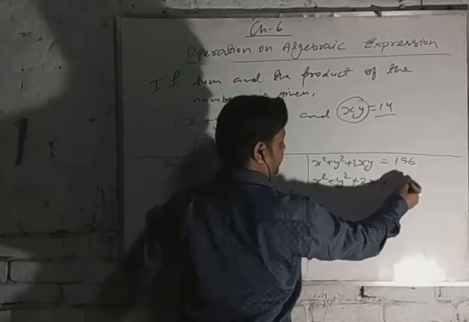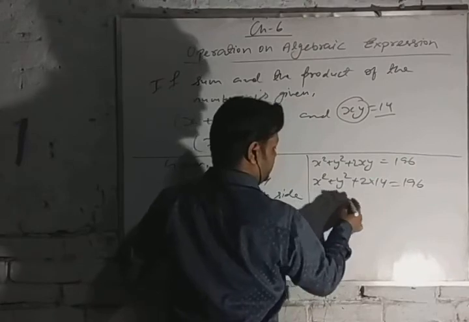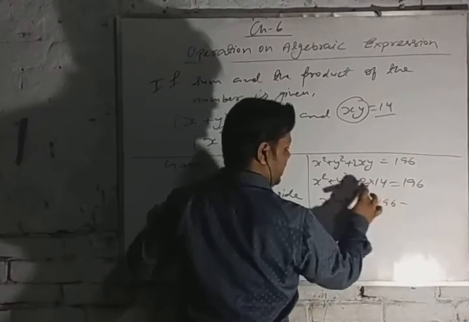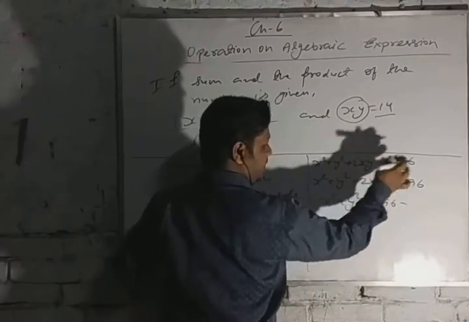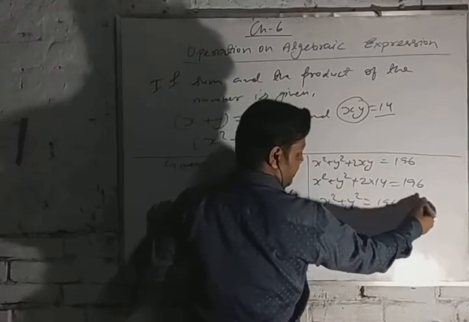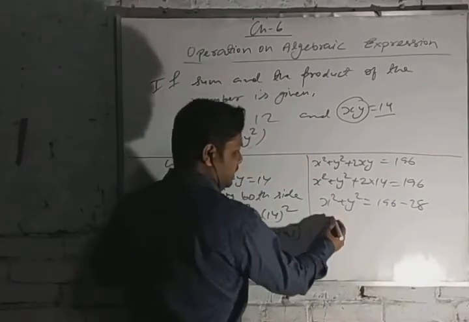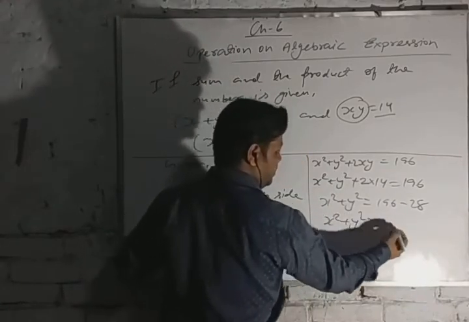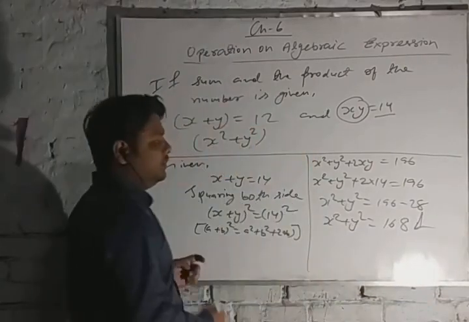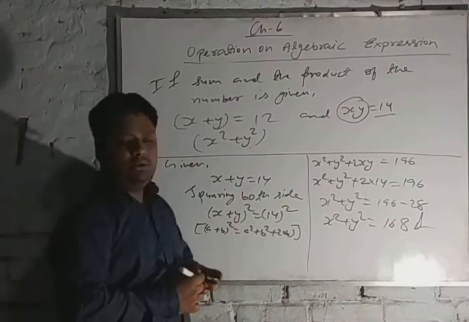So 2 into 14 we can write. Then x square plus y square is equal to 196 and 2 into 14 is 28, in minus sign. Now x square plus y square is equal to 168. So like this we can find this value.